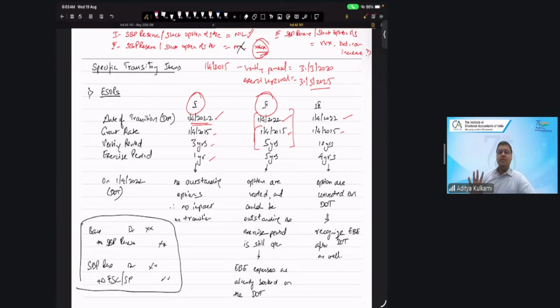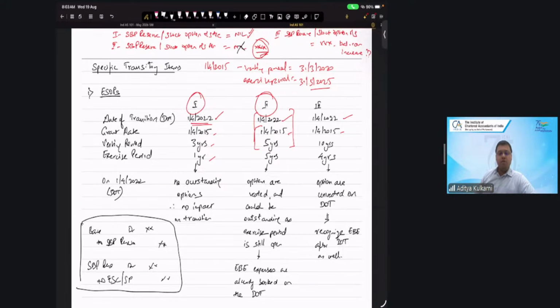So Ind AS 101 steps in at this point of time and says, now you have the option. I am giving you the option to continue the intrinsic value of the SBP reserve, which is sitting in the balance sheet.